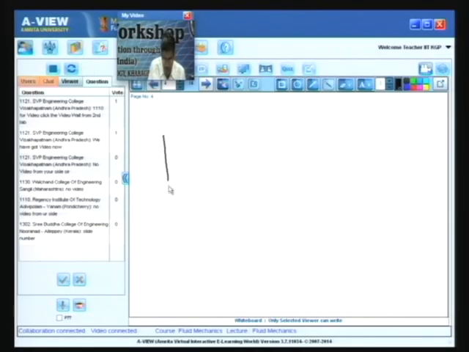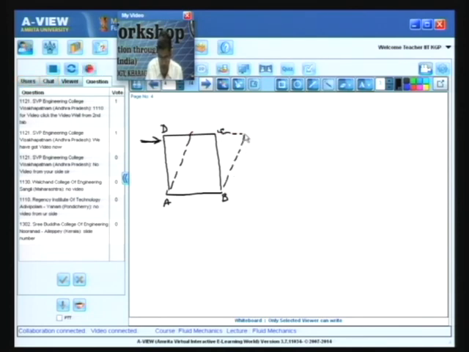Let us consider a solid A, B, C, D. When an external force is applied to it, let us consider a tangential force applied to the solid. Then it has a finite deformation and resists this.